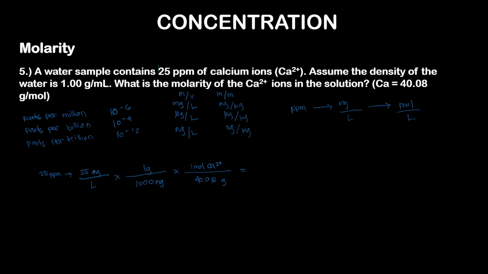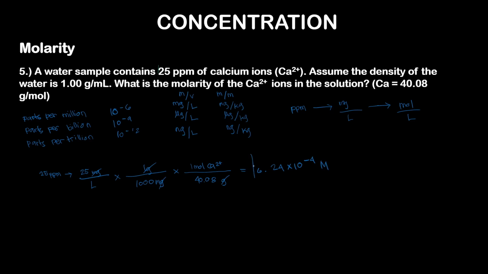So now we can cancel milligrams and grams. And now we can get the molarity, mole per liter. So we'll solve 25,000 times 1 over 40.08. So that would be 6.24 times 10 to the negative 4 molar.